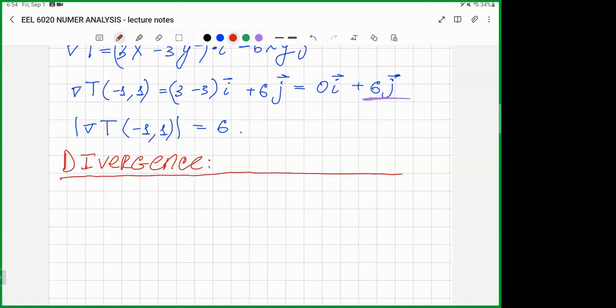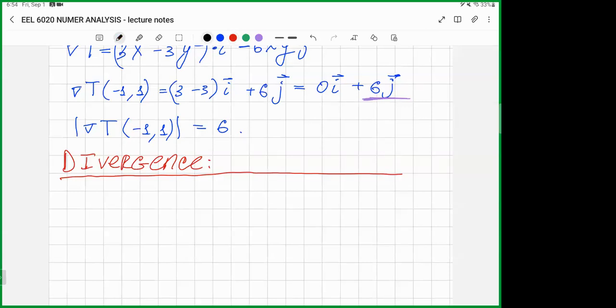I remind you, this is the second possible operation with the nabla operator. When I apply my nabla operator to a vector, I apply this like an inner product, right?